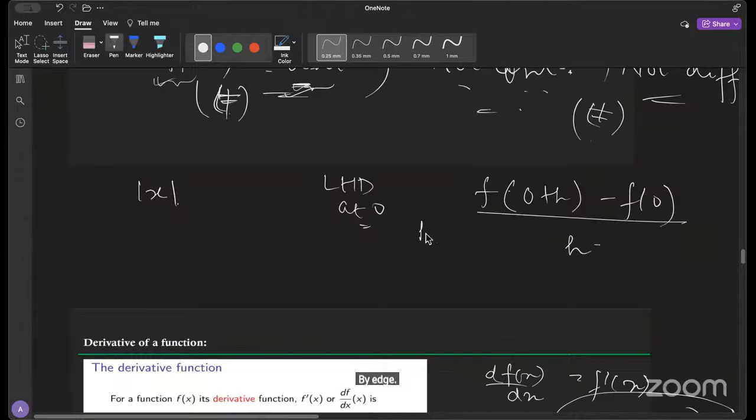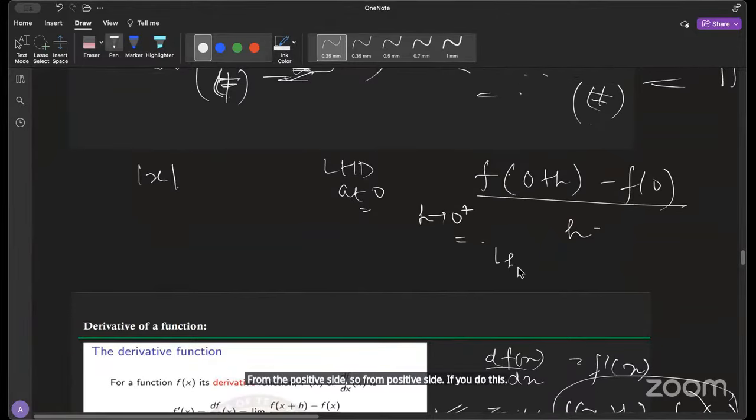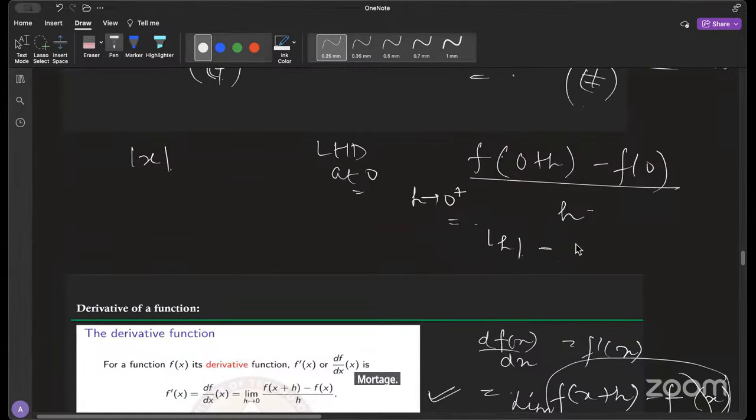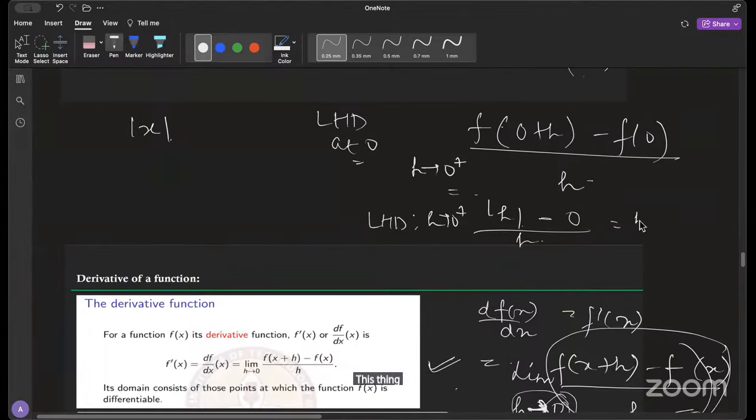This time you take h tending to 0 plus, from the positive side. So from the positive side, this is mod h minus f(0), which is 0, and then you have an h here, right? h tending to 0 plus. So this thing is going to be h by h.